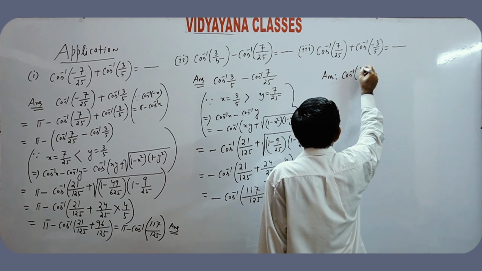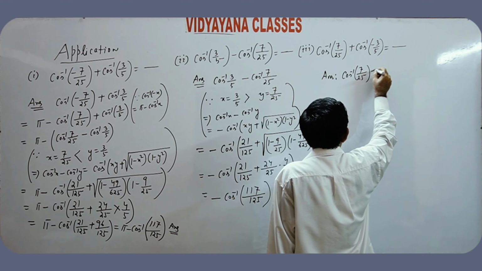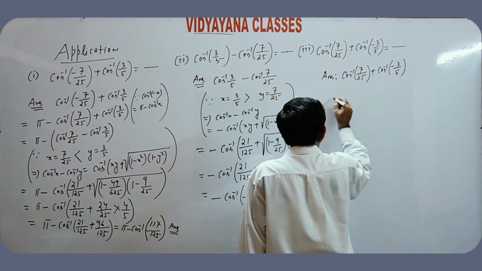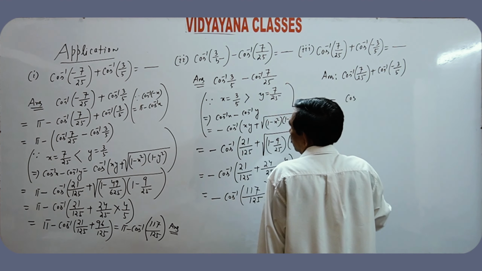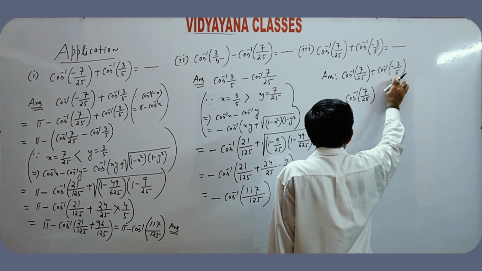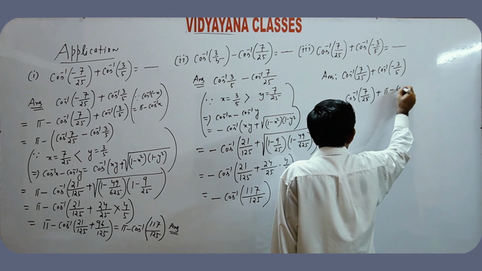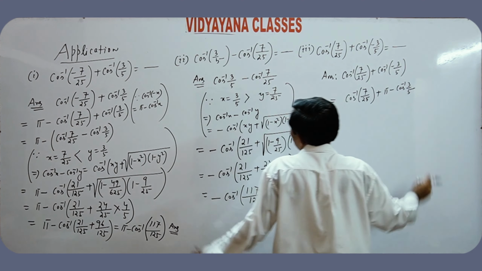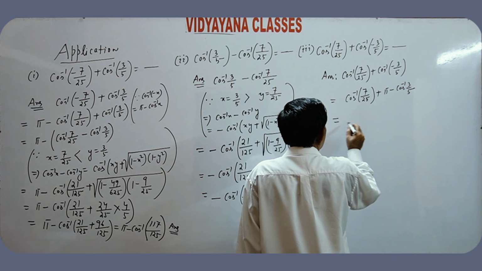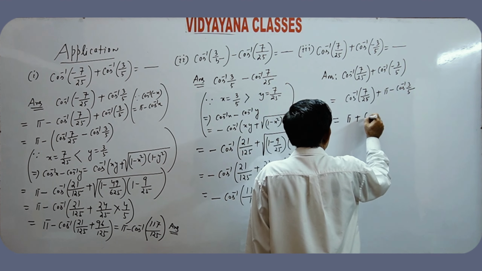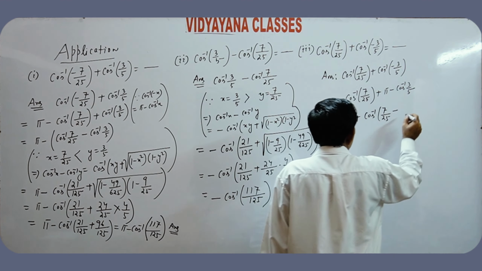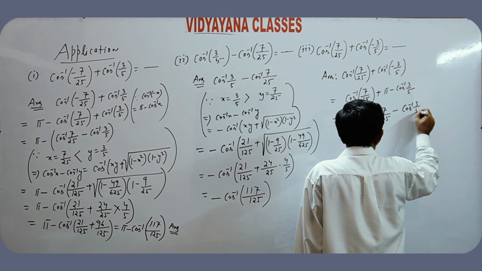Cos inverse 7 divided by 25 plus cos inverse minus 3 divided by 5, which is same as cos inverse 7 by 25 plus cos inverse minus x, which is equal to pi minus cos inverse x, which is same as pi plus cos inverse 7 by 25 minus cos inverse 3 by 5.